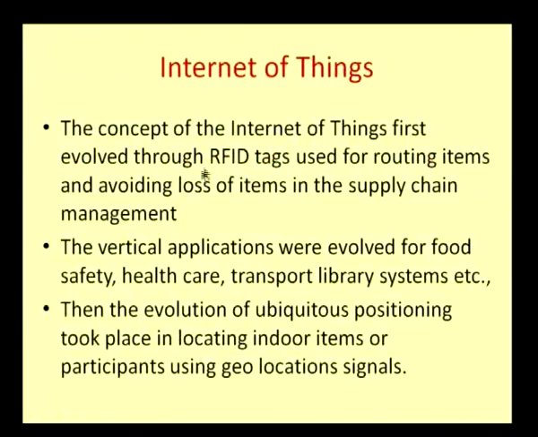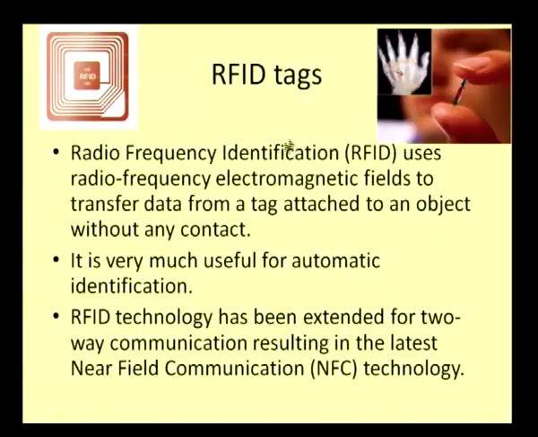Here the concept was evolved through RFID tags. First the vertical applications evolved, then the ubiquitous positioning of all those things took place, and the RFID tag was used, and from the RFID tag it was extended to two-way communication, resulting in the latest NFC technology.